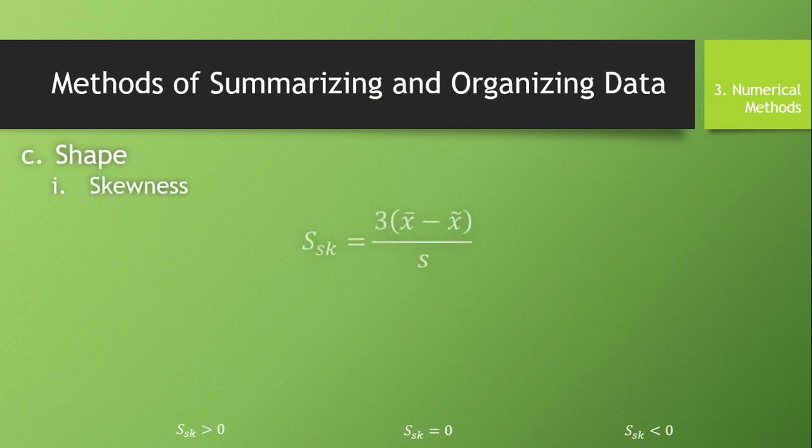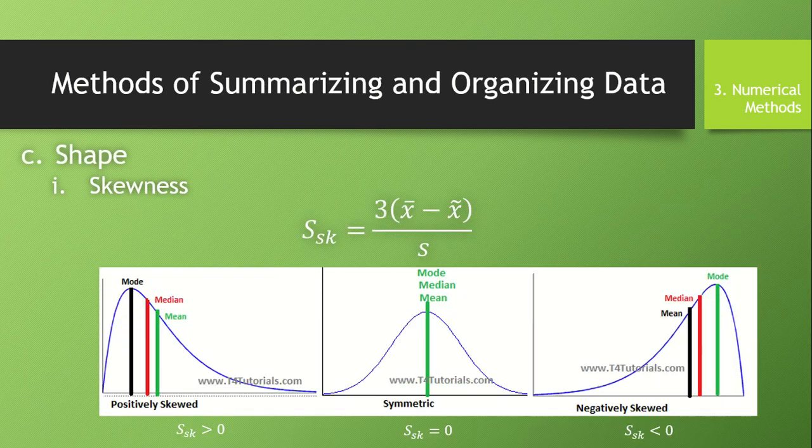Next, we'll proceed with shape. Now we have skewness and kurtosis. Skewness can be solved using this one: 3 times the quantity of x bar minus x tilde, divided by s. Take note, x bar is your mean, and this is your median.